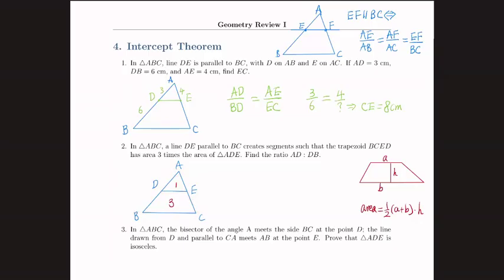Okay, Aaron jumped in, so what we know is the area ADE to area ABC is 1 to 4. Is this helpful? How do we find the ratio AD and AB?